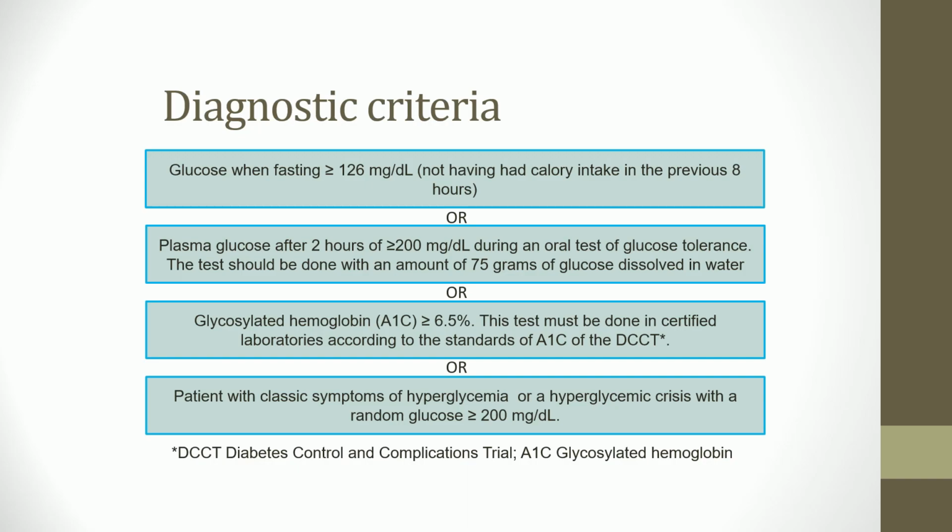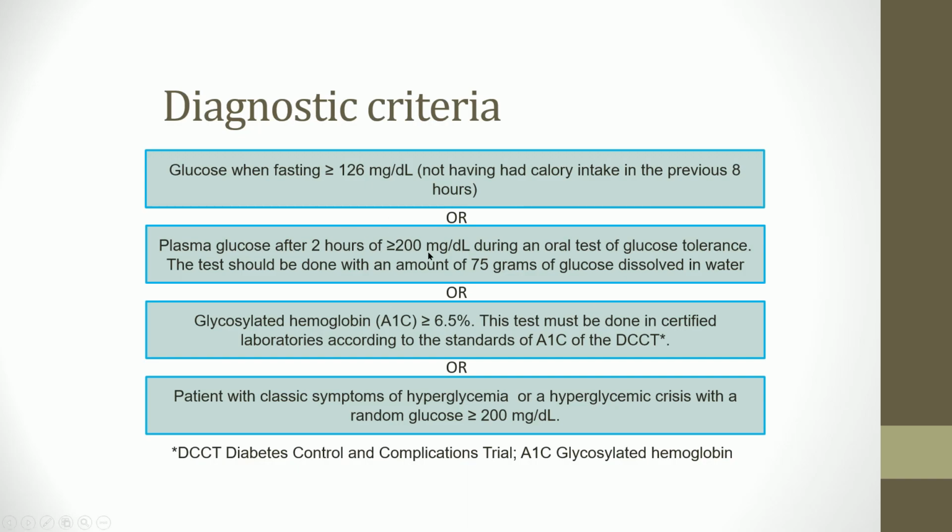We expect a healthy patient to store the excess glucose and have normal levels of glucose, so under 126. If a patient has diabetes, so a lack of insulin function, we will find his or her glucose level over 200 milligrams per deciliter. So we once again have the diagnosis of diabetes.